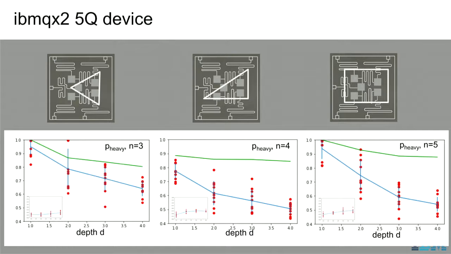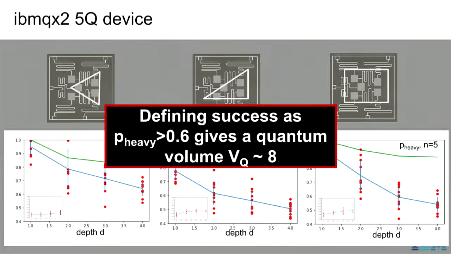We could define success as, say, 2/3, if you have the probability of heavy output greater than 0.6. And if you define it this way, we get a quantum volume of 8. That is, we have 5 qubits total here, but we could only go up to depth 3.